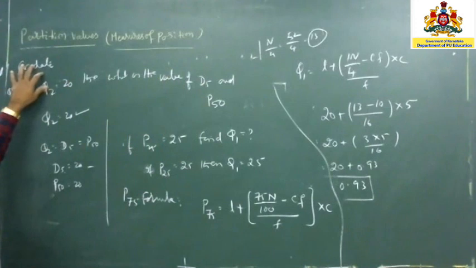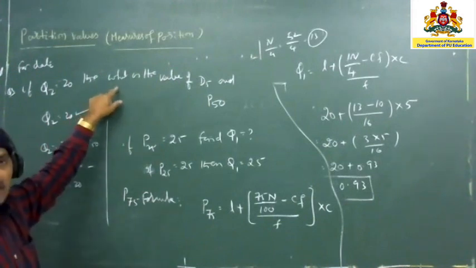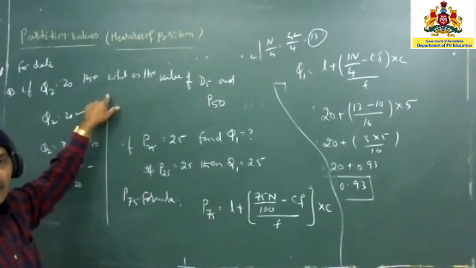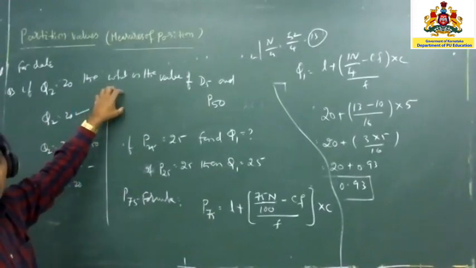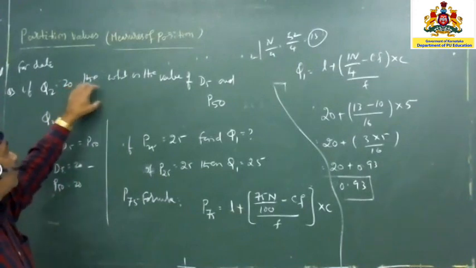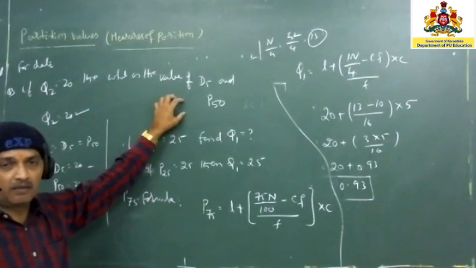In the quartiles, q1, q2, q3 are there: first quartile, second quartile, third quartile, and the second quartile is also called the median. Deciles are d1, d2, d3 up to d9. The data is divided into 10 equal parts, so there are d1 to d9 deciles.